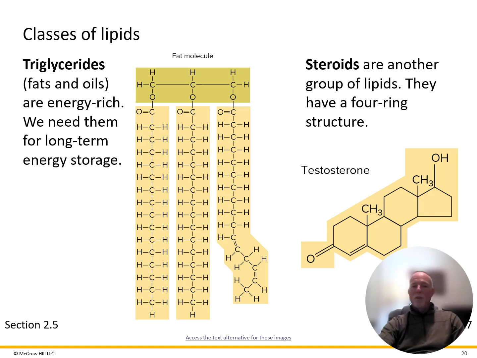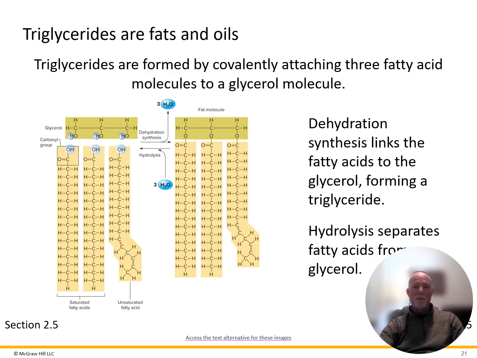Now, notice these carbons are bonded with the maximum number of hydrogens. This is a saturated fat, carbons saturated by hydrogens. But notice this tail over here, there's a little kink in it. See that? We're missing a hydrogen. This is an unsaturated fat. So that's the difference between two different types of fats, saturated fats and unsaturated fats.